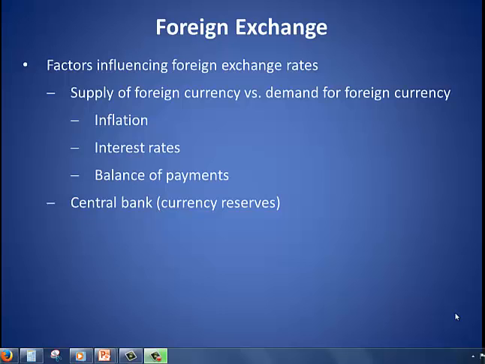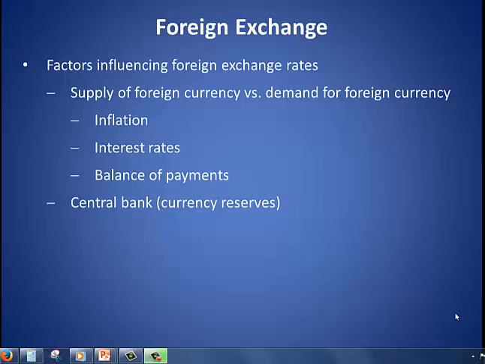I also want to mention there's another institution in most countries called the central bank, which is a bank of the country, and one of its operations is to ensure that the exchange rate between their domestic currency and the foreign currencies they deal with is at the rate that the government would like to see or try to maintain.